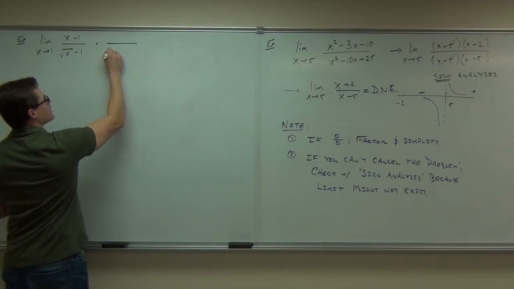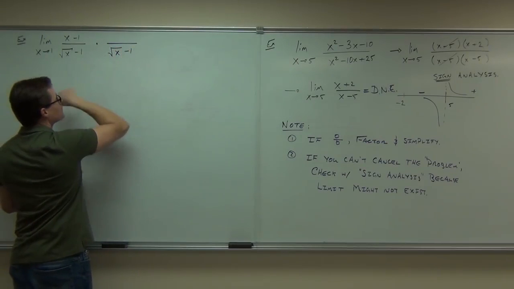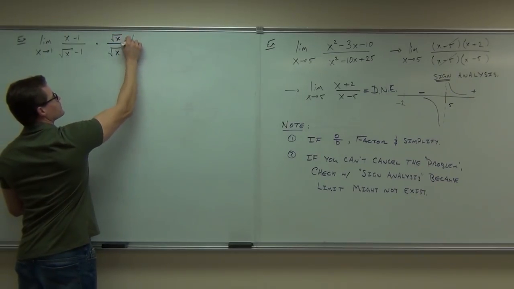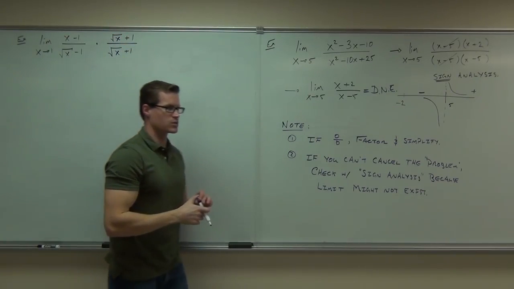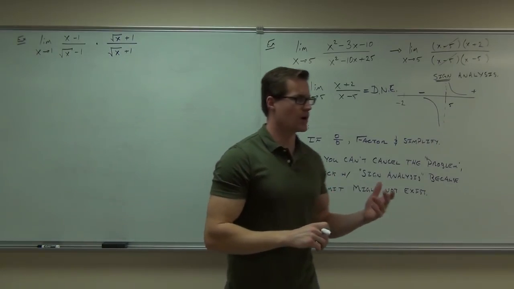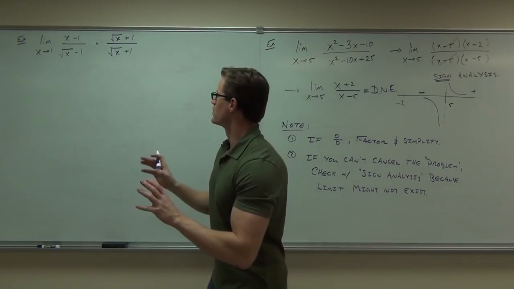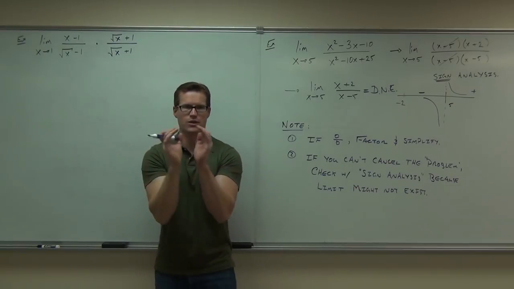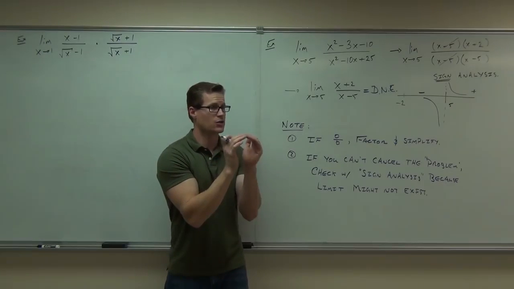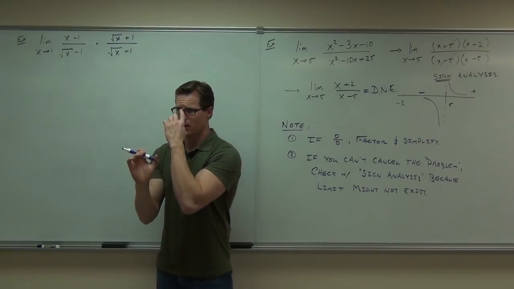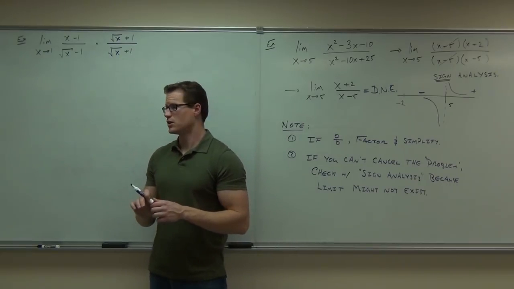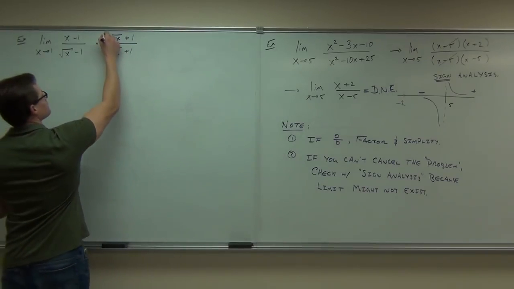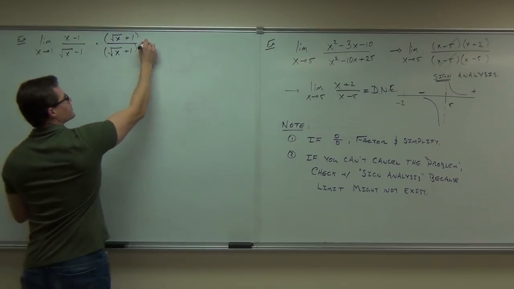If we do, we'll rationalize square root of x minus 1 plus 1 over square root of x plus 1. You have to use the conjugate though. If you don't, well then you're going to just make your problem worse because you're not going to get rid of the square root. It's going to be within a middle term of your problem. So you have to alternate those signs. You guys okay with that? You sure? So use that conjugate. Now let's see. Of course we have parentheses here.